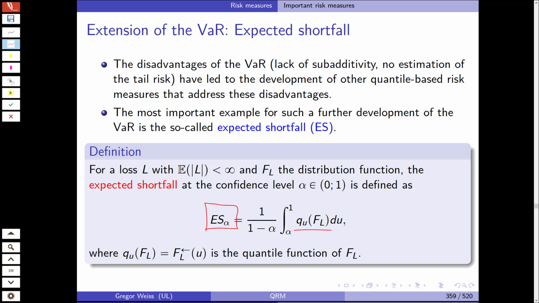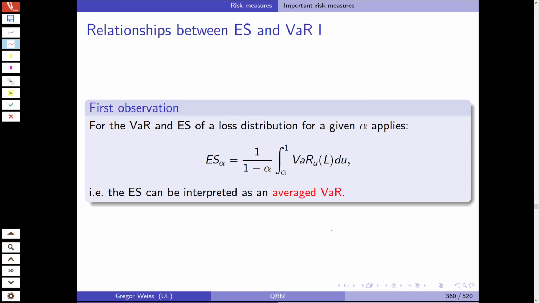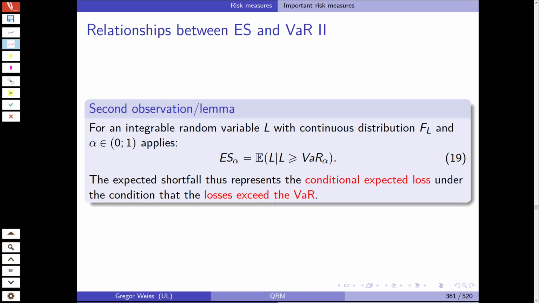What does this mean? Well, as a first observation, you can see this is actually sort of a weighted average value at risk. But even more important, if we have a continuous distribution and if it's integrable, then the expected shortfall becomes the conditional mean of L, given that L is larger or equal than the VaR.